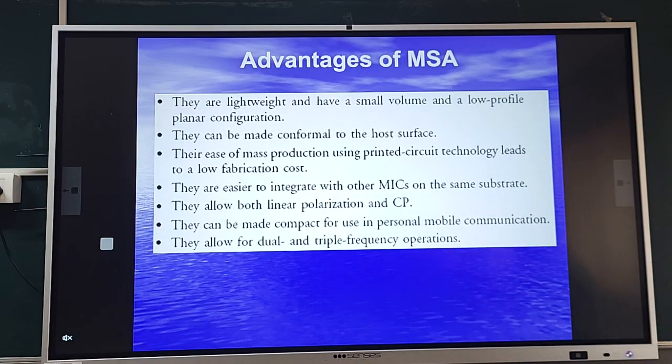Next comes compactness or low profile. I have discussed this a number of times earlier: they can be made conformal and integrated, and thus they are widely preferred in personal mobile communication systems, be it laptops or gadgets. That is one of the biggest advantages. In fact, there are different techniques.